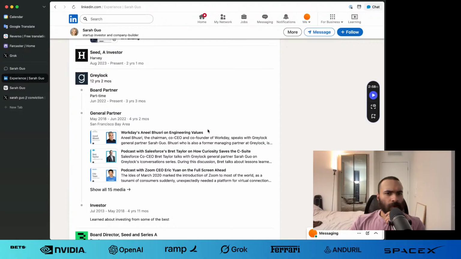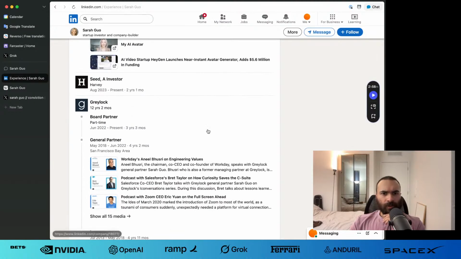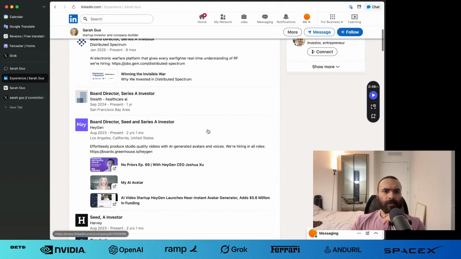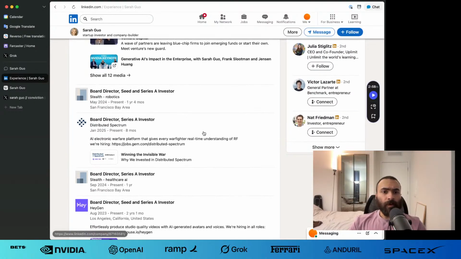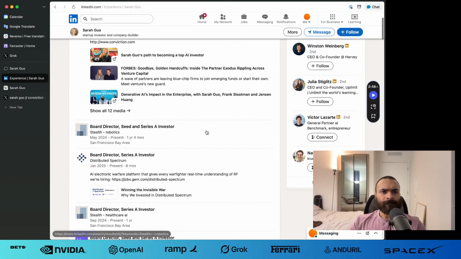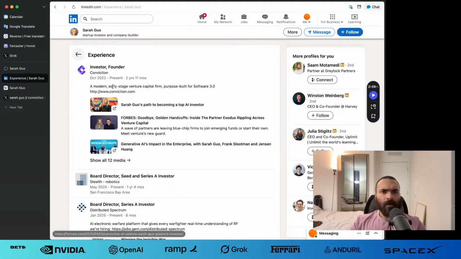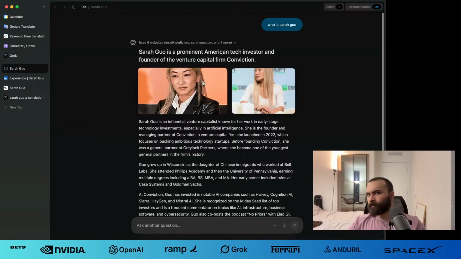So she was investor for Greylock for 4 years, pretty much 5 years. Then general partner for 4 years and board partner for 3 years now. Hagen, Stealth, Distributed, Spectrum, and now Conviction. Okay, very interesting.